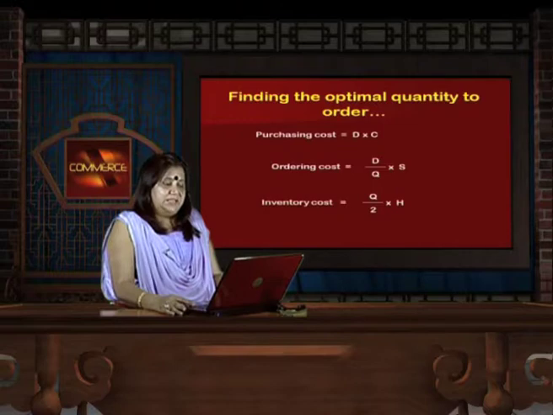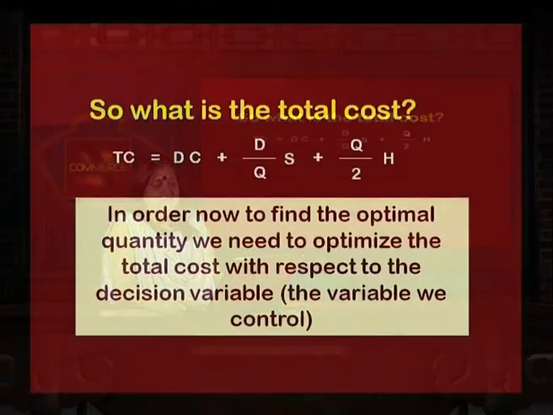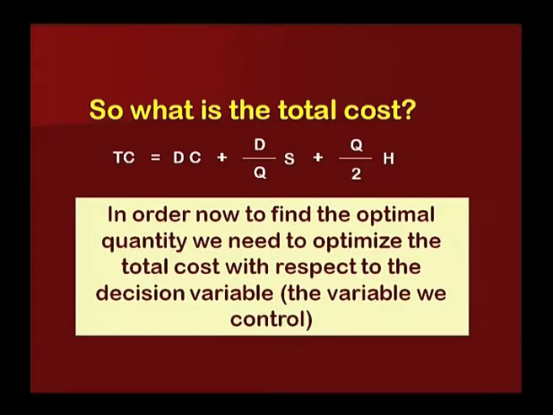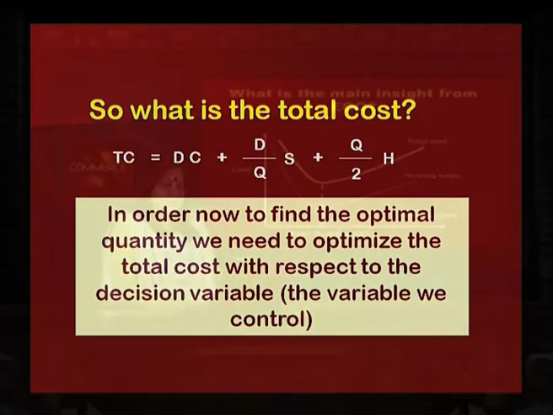So, let us find out the total cost. Total cost is DC plus D upon Q into S plus Q upon 2 into H. In order to find the optimal quantity, we need to optimize the total cost with respect to the decision variable, that is we have to control it.